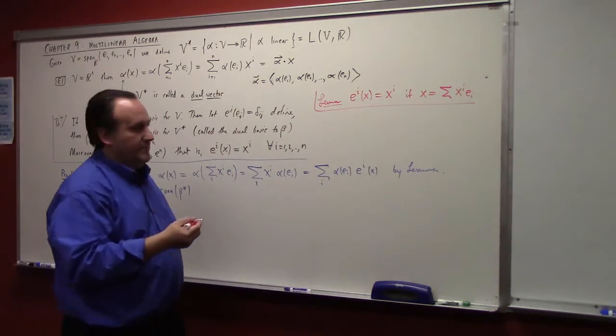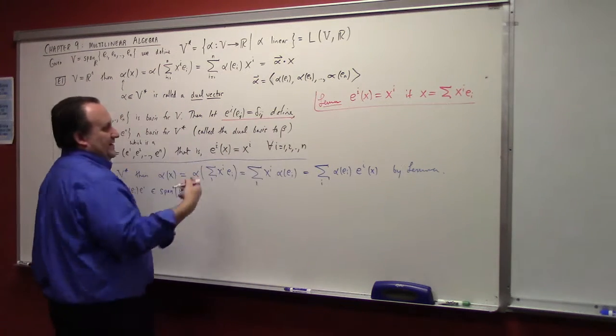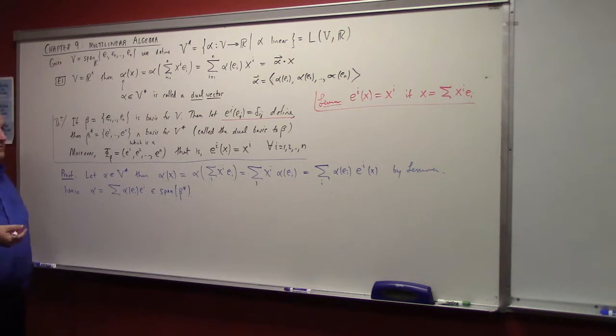And the proof of it: I say right here that that defines beta star. What I'm using there is a result from linear algebra that if we define a linear map on the basis, there's a unique linear extension off the basis.